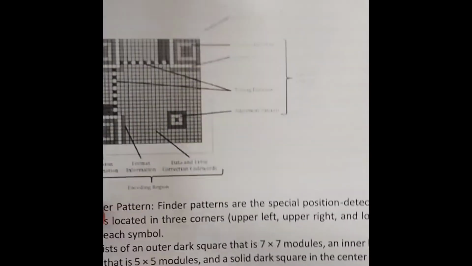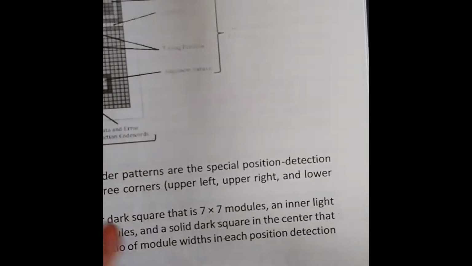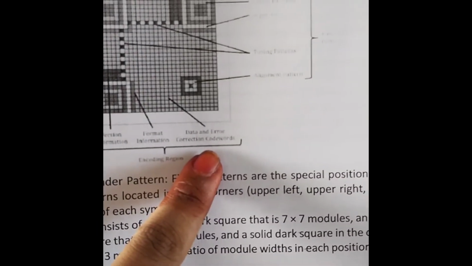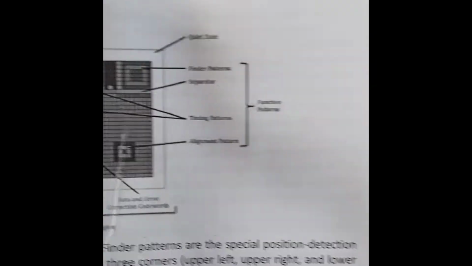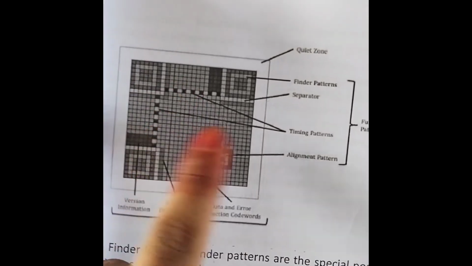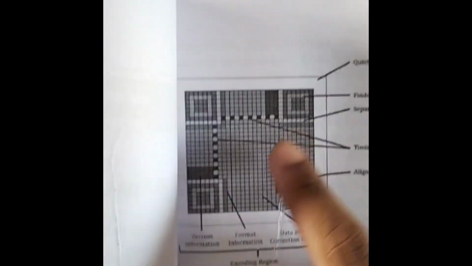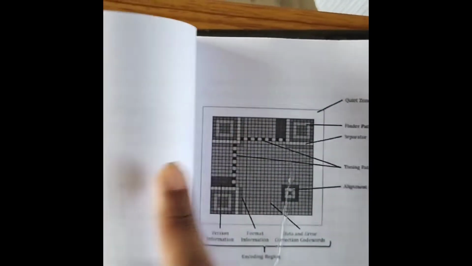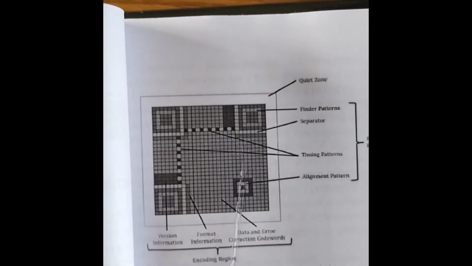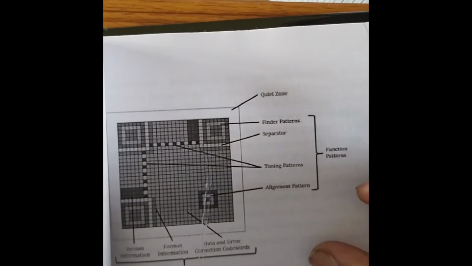Here you can see the version information, format information, data and error correction codewords, the alignment pattern, and these two lines store the timing patterns. This line is a separator, and this is the finder pattern. This is the square box around the QR code. Here you can see the quiet zone, and these three are called functional patterns.